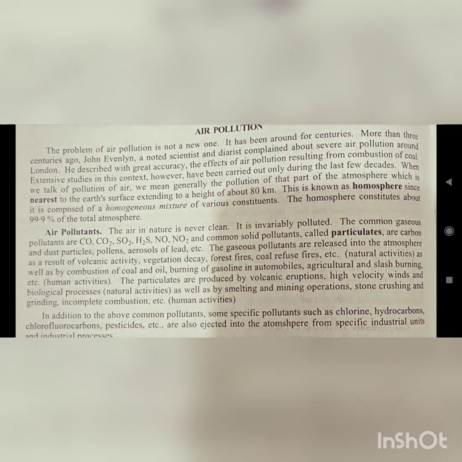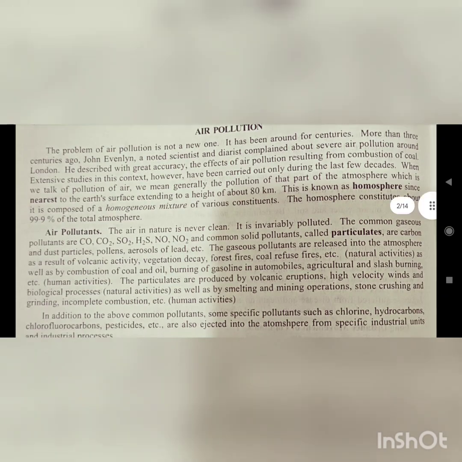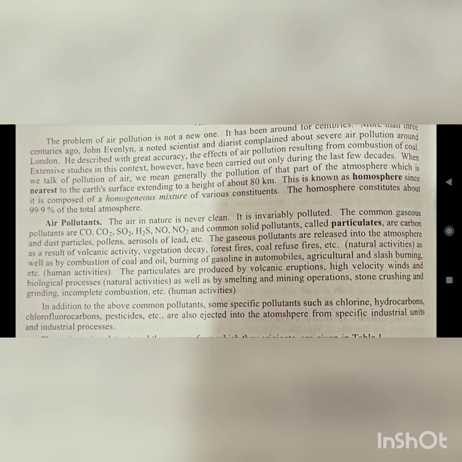More than 3 centuries ago, John Evelyn, a noted scientist, complained about severe air pollution around London. He described with great accuracy the effect of air pollution resulting from the combustion of coal. Extensive studies in this context, however, have been carried out only during the last few decades.